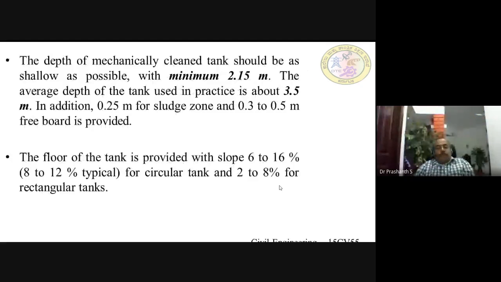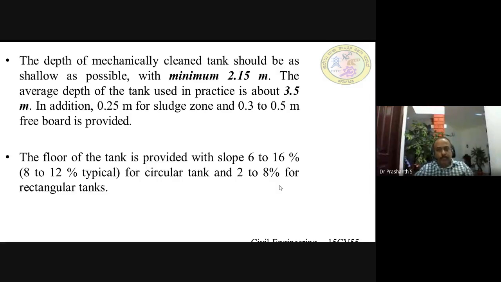Coming to the depth, the depth of a mechanically cleaned tank should be as shallow as possible. It should not be so deep, with a minimum of 2.15 meters. The average depth of the tank used in practice is about 3.5 meters.